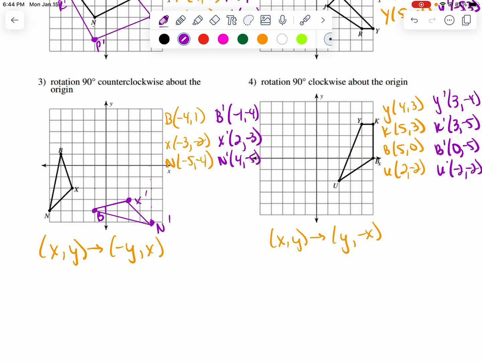Okay, so 3, negative 4, 1, 2, 3, 4. So Y prime is here. K prime is at 3, negative 5. Oh, hold on. 3, negative 5. Here's K prime. Okay, B prime is at 0, negative 5. And U prime is at negative 2, negative 2.